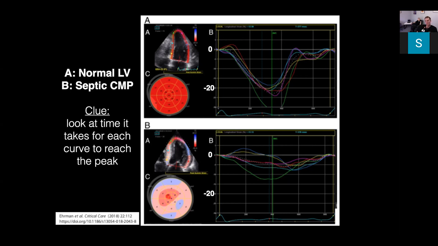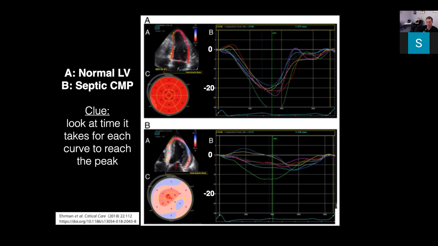In things like septic cardiomyopathy, we've got evidence to show that maybe we start to get dyssynchronous motion as well as poor systolic function. So it's almost like a double whammy of bad systolic ejection of blood from the heart. What we can see here is A, a normal heart, where all the curves come together at their peak pretty closely together.